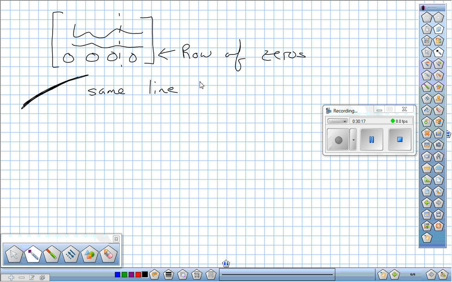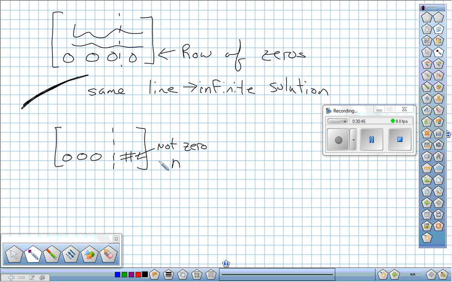My computer is actually really slow. I would have infinite solutions. Now then, if I have basically a row of zeros and a number, so this guy is not 0, it means I have no solution.